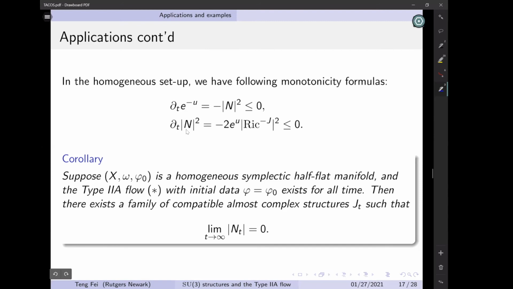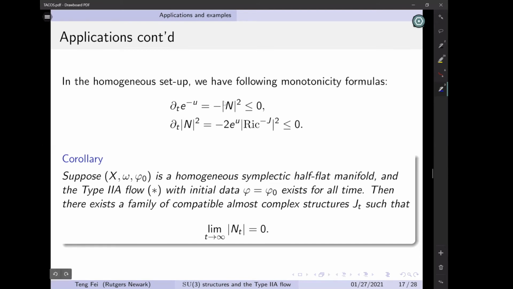So the Eigenhus tensor norm squared is also non-increasing along our flow. In other words, the evolving almost complex structure is becoming more and more integrable in some sense. And this Ricci minus J is really the J anti-invariant part of the Ricci curvature tensor.